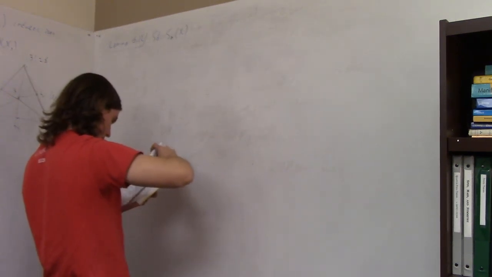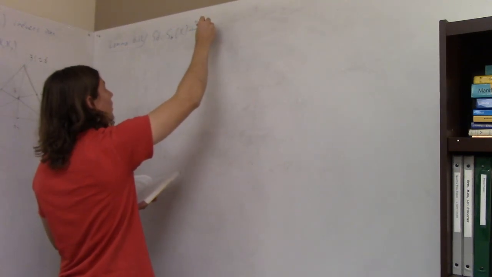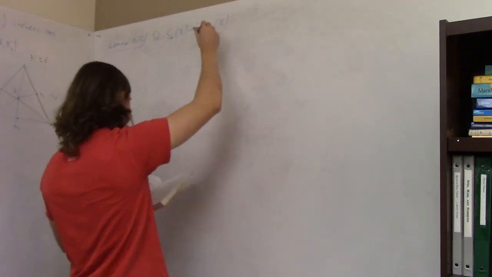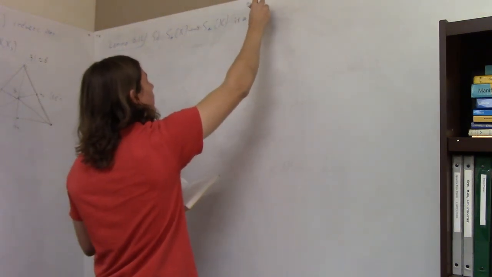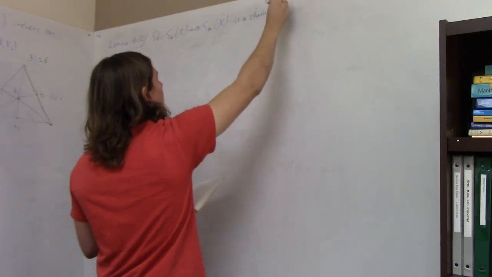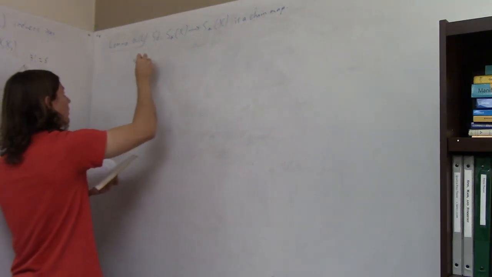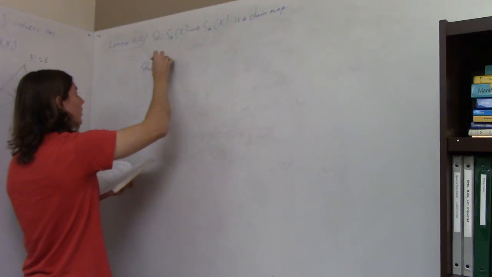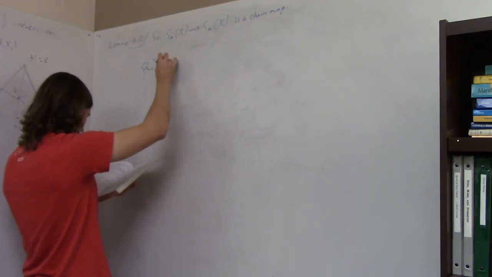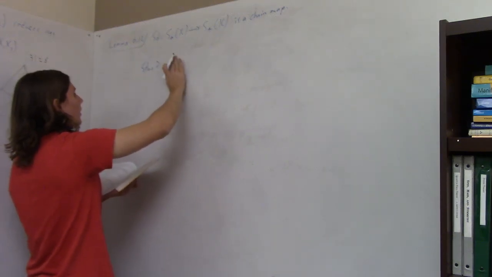Lemma 6.12. Golly. This is quite the beast we're building, isn't it? Yeah. It's a chain map. Which, if you'll remember, means that SD n minus 1 at the boundary of sigma is equal to the boundary of SD sigma.